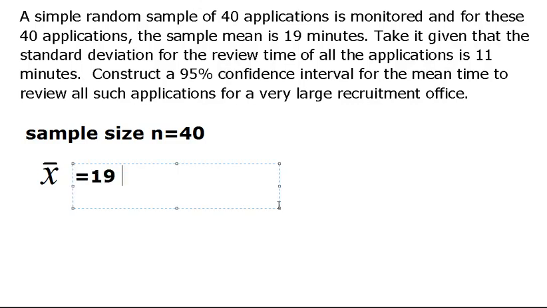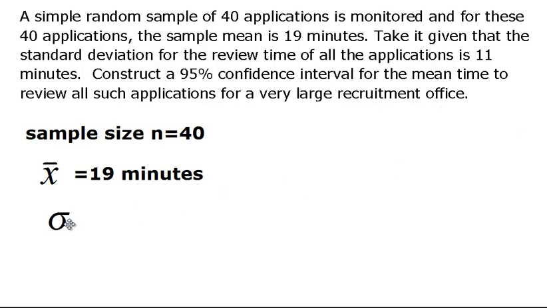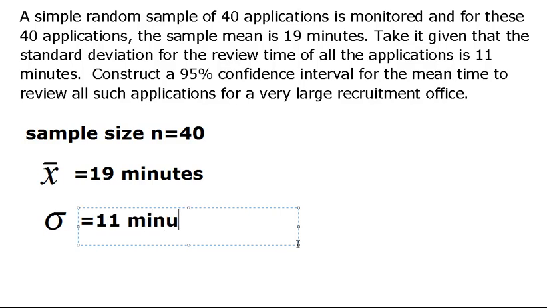Then we are given the standard deviation of 11 minutes, and it says this is the standard deviation for all applicants. Since it says all applicants, we are referring to the standard deviation of the entire population, generally denoted by the small Greek letter sigma.